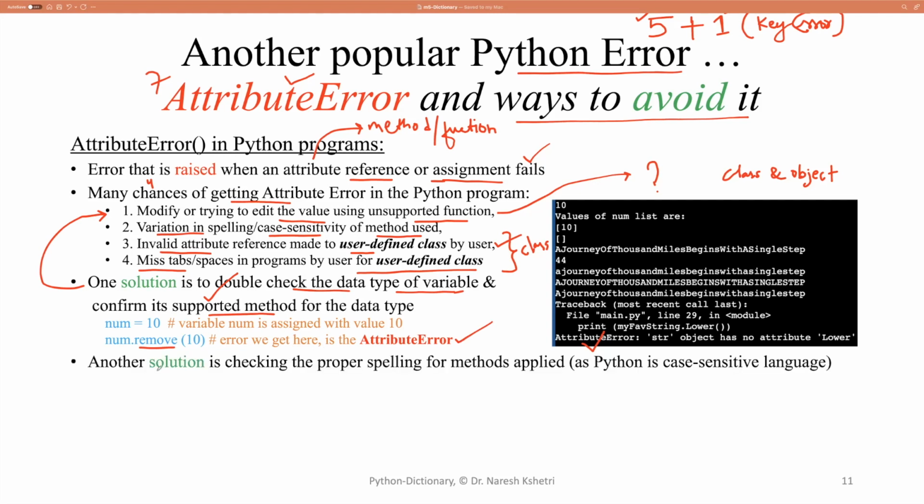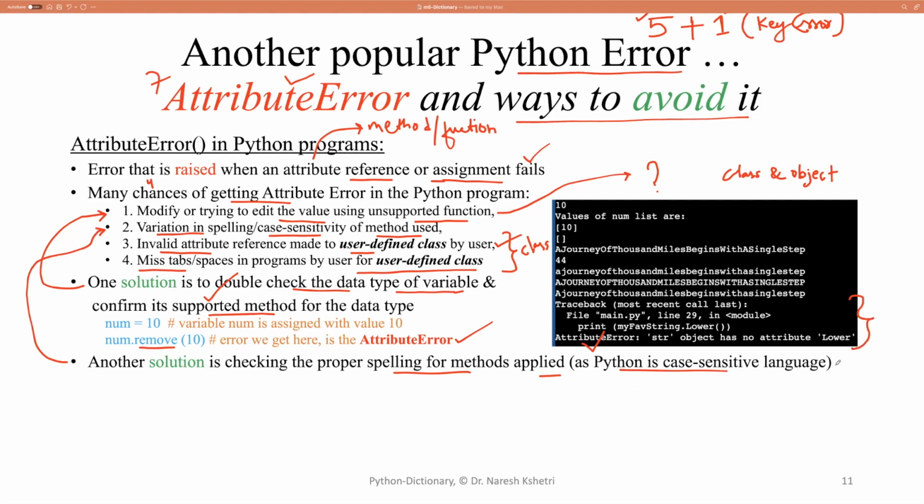The second solution is checking the proper spelling for the methods applied, because we all know Python is a case sensitive language. This solution is normally for the second chance, and we have shown it in our program too, which generates an error.